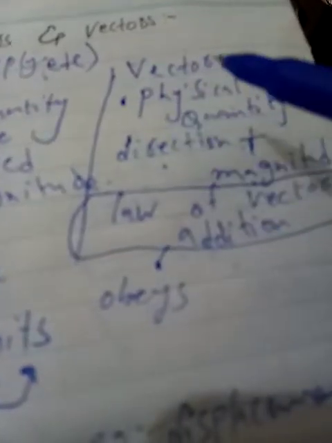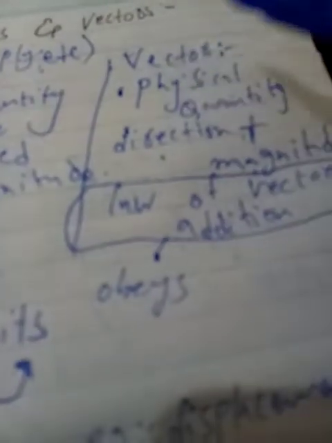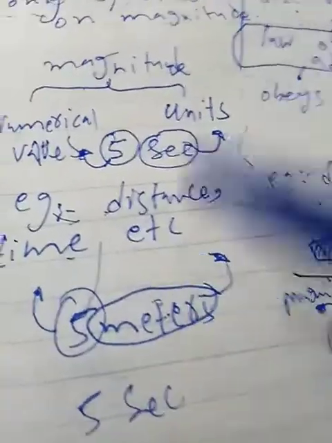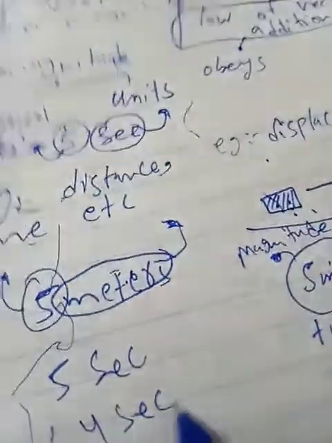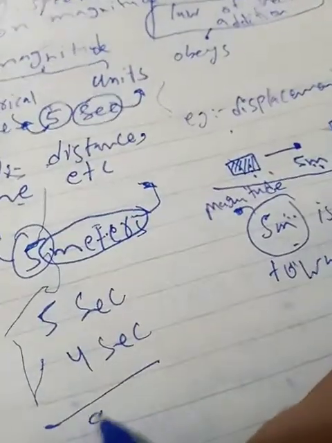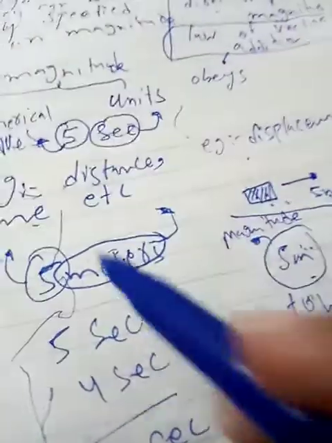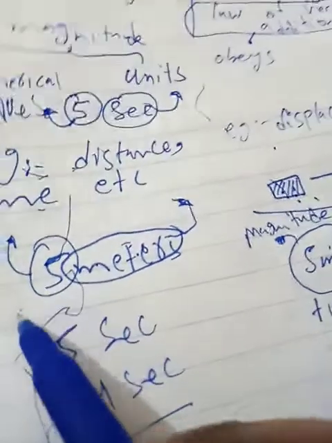They do not add or multiply by this simple algebraic rule. For example, if we have 5 seconds and the other time is 4 seconds, we can easily add them and it becomes 9 seconds. Just like this, 5 meters plus 3 meters equals 8 meters, so we can add them.